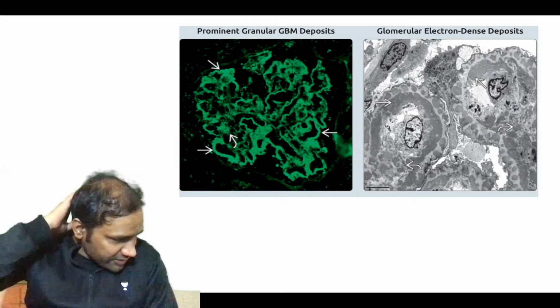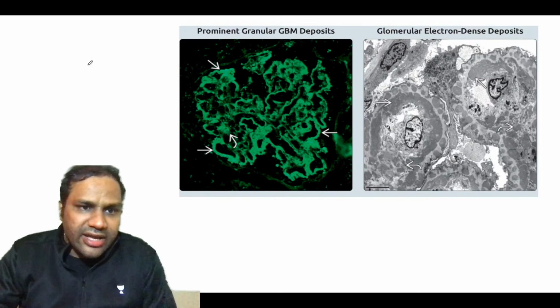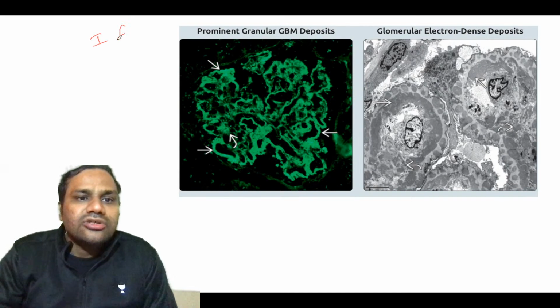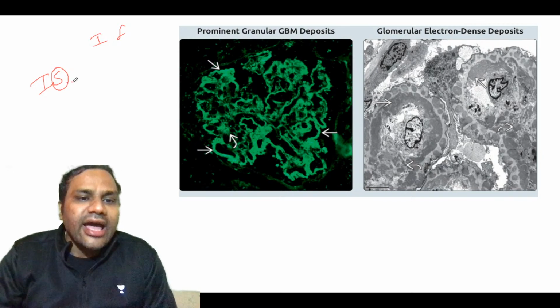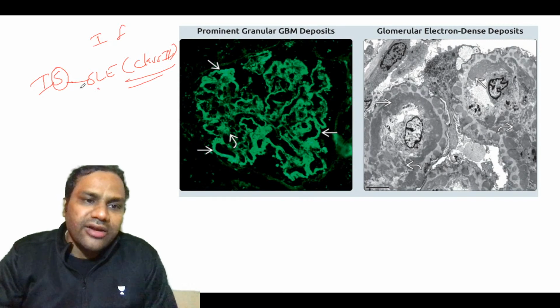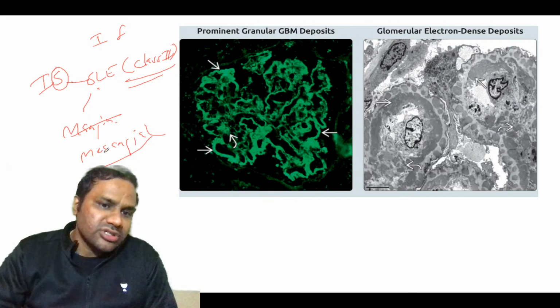And what we have talked about when we talk about IF in lupus nephritis: S is SLE, and class 2 will have mesangial deposition on IF.